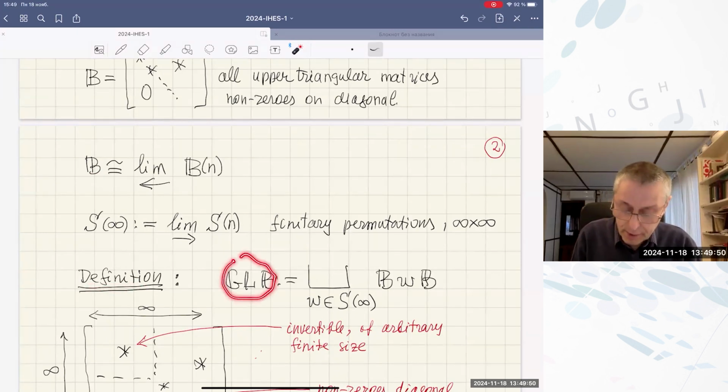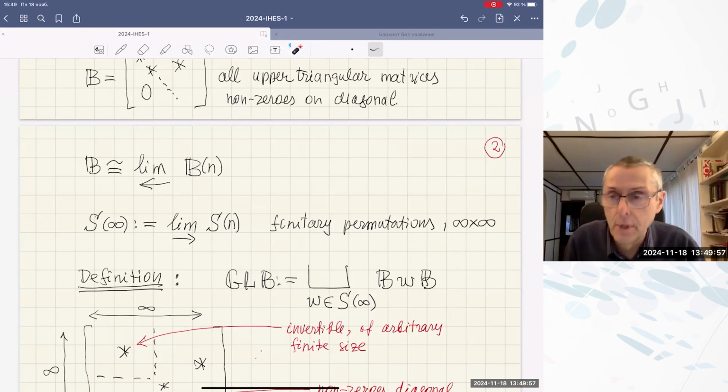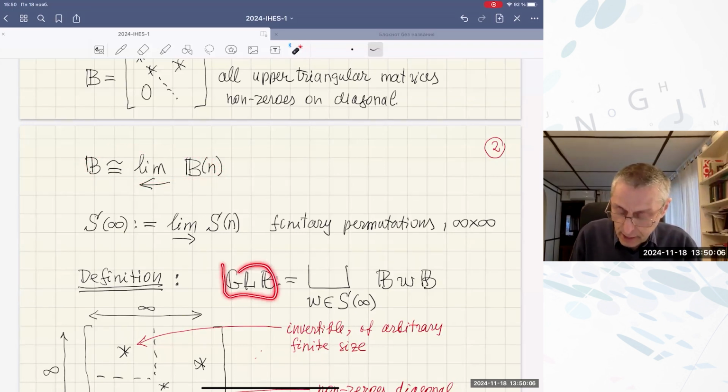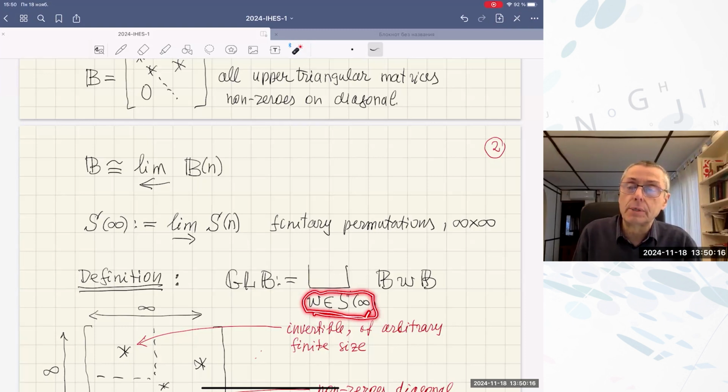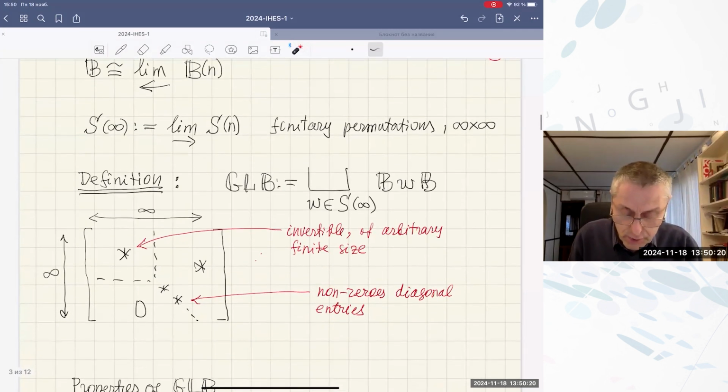The group GLB, GL comes from general linear, and B comes because we need to emphasize a special role of this subgroup. So this group can be defined as a disjoint union of these double cosets enumerated by finitary but infinite permutations.